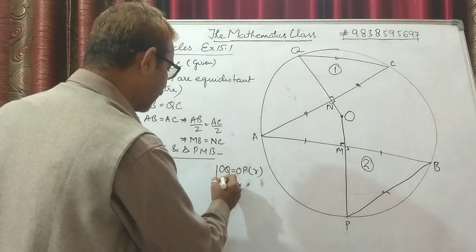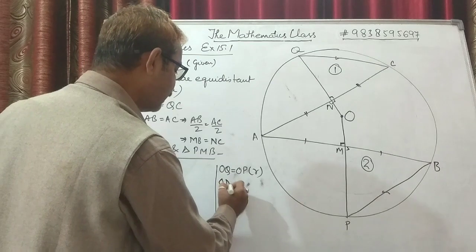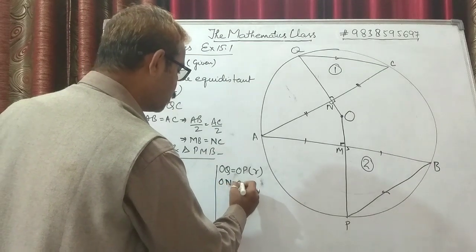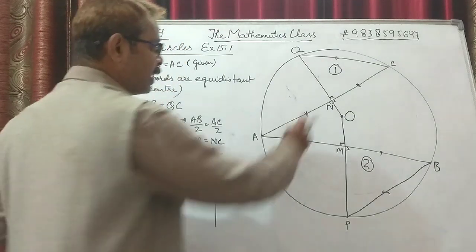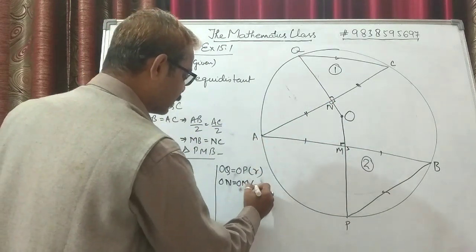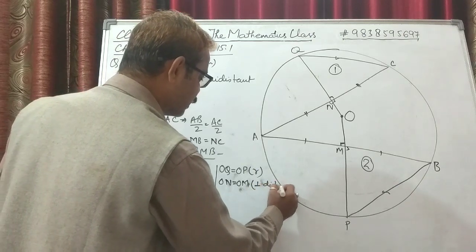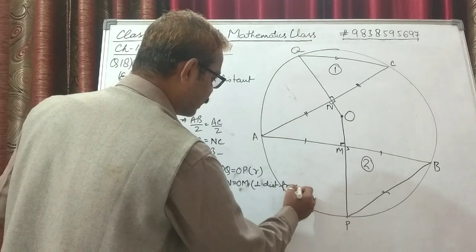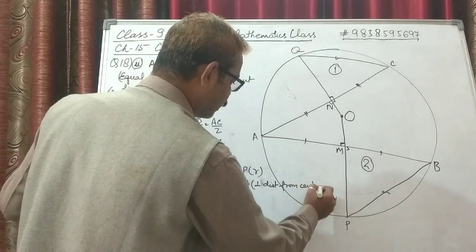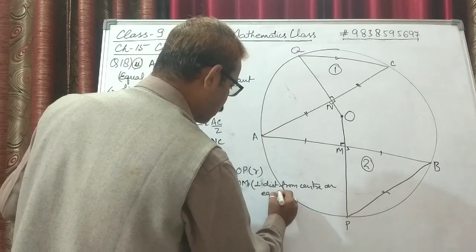Also, we have proved that ON is equal to OM. Why? ON and OM are equal because they are the perpendicular distance from center on equal chords.